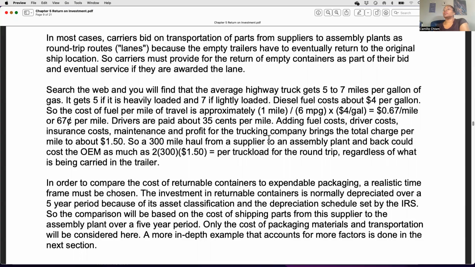you can find out how many miles per gallon a truck gets. Look at your vehicle, your car. You probably get somewhere between 20 and 35 miles per gallon, right? If you've got a really good car, an EV or hybrid or something like that, you get even more. But truck drivers, as you see, are only getting 5 to 7 miles per gallon.